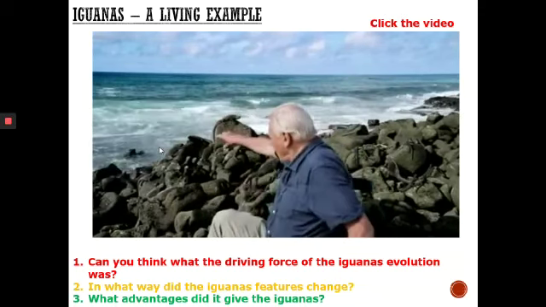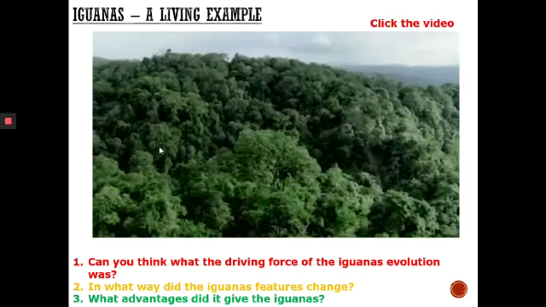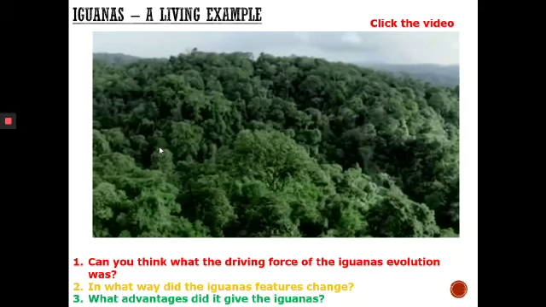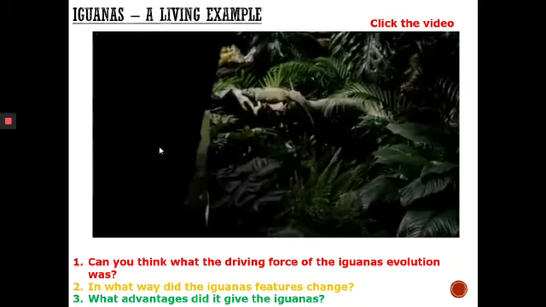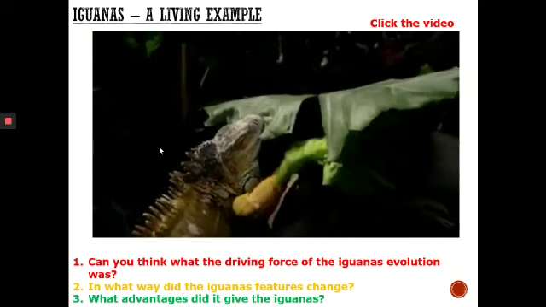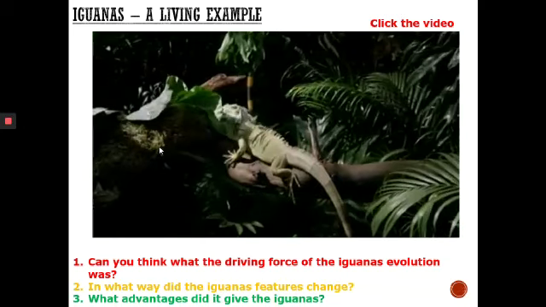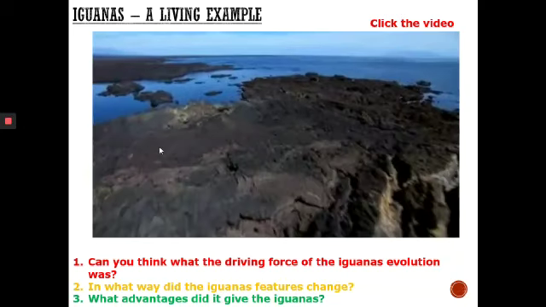In their ancestral rainforest habitat, iguanas are vegetarians. Here they browse on juicy leaves. But the iguanas that first appeared in the Galapagos could find no such things.